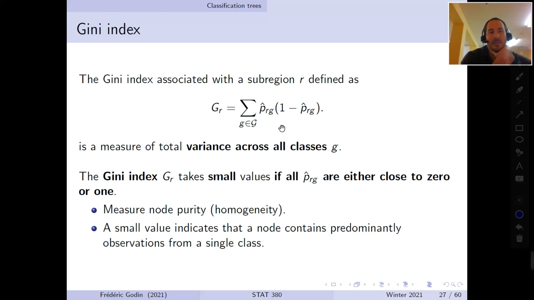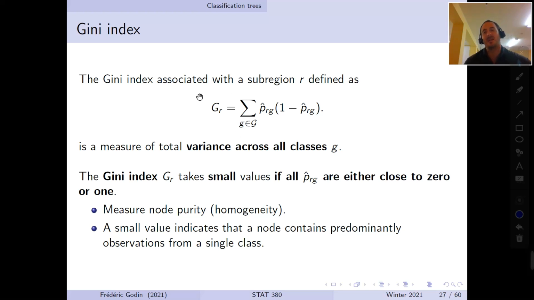So for a given small g, this corresponds to the variance of a Bernoulli random variable, which is 1 if you're in class g and 0 otherwise, and then you sum all these variances across all possible classes.